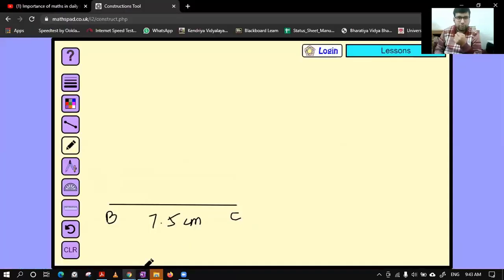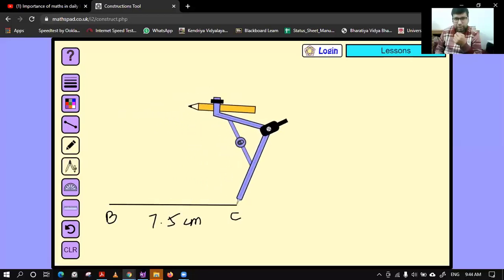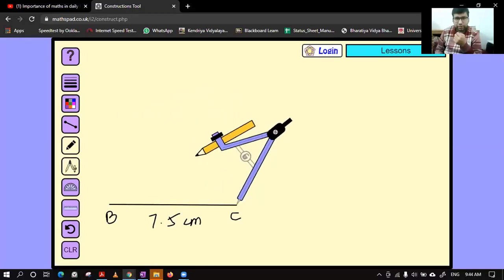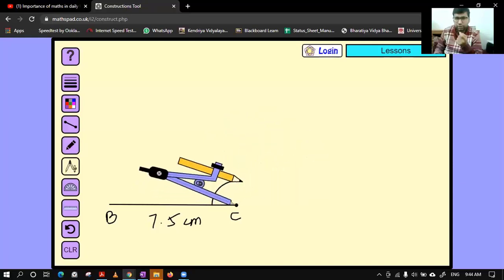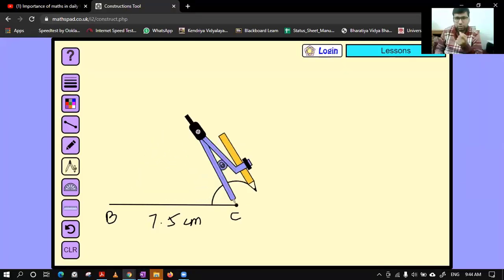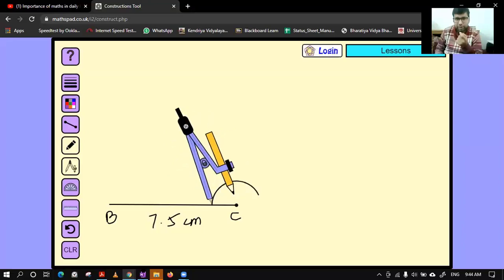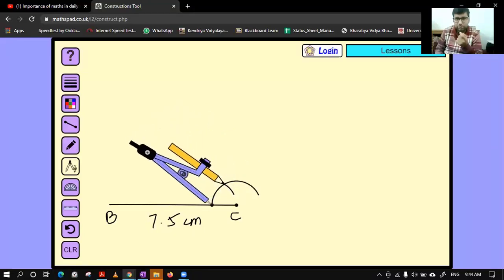That is very simple. We will again take compass. This time we will take the arc from this side. On the B point we used to take from this side, but here we will start from this one like this. Now we will assume this point as 0 degree and we'll take the arc for 60 degree.